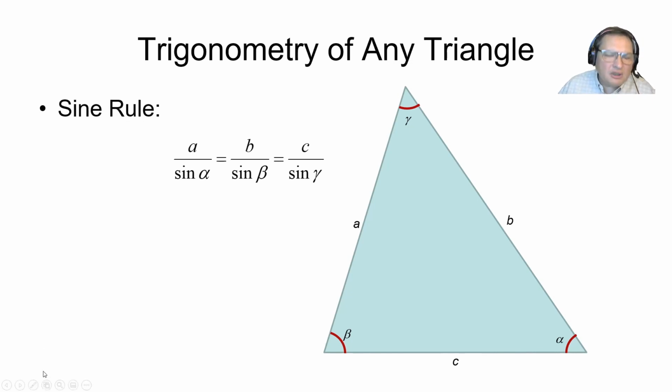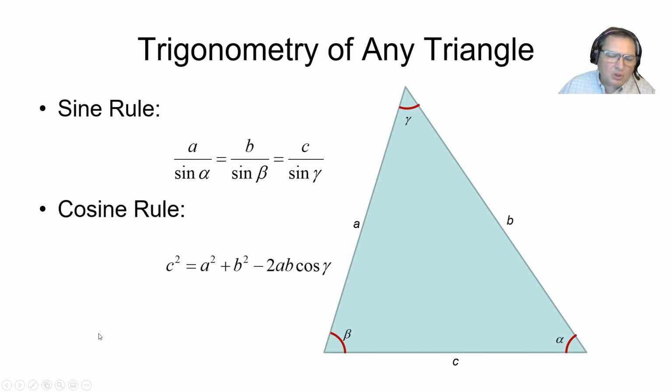Apart from the sine rule, we also have the cosine rule, which allows for finding any edge, for example C, if we know the two other edges, like A and B, and the angle between them. And this is in fact a generalization of the Pythagoras theorem.